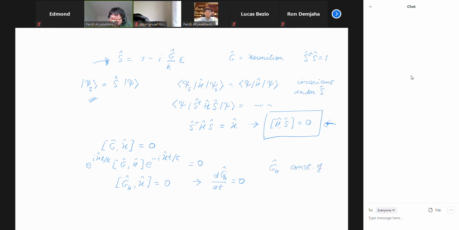As we can say, it's a simplified form of Noether's theorem. So if the Hamiltonian is invariant under certain symmetry operations, then we have a conserved quantity, a constant of motion.